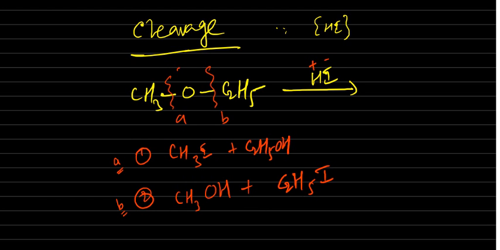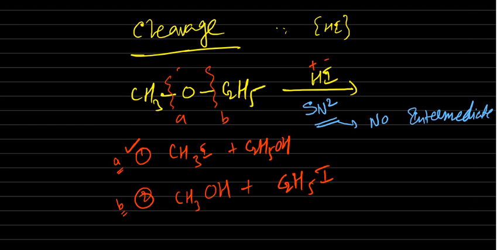In this, the major product is the first one. Why? The reason is this reaction follows the SN2 mechanism. In the SN2 mechanism, first point, there is no intermediate.